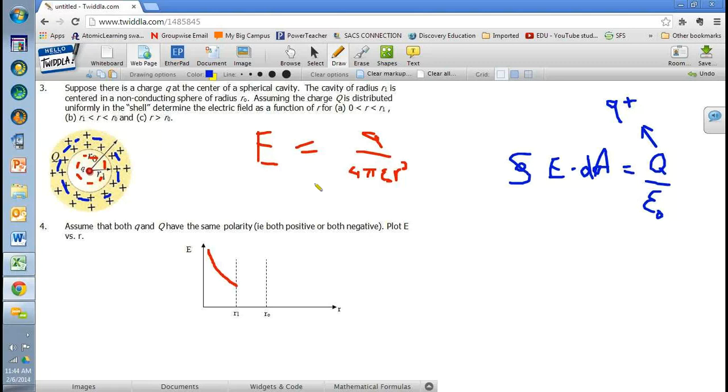Okay? So do the best you can. Let me tell you one thing, though. It's not going to be 4/3 pi r cubed totally, because there's a hole in the middle. You're going to have to subtract out that hole. So you're going to have a q here times some ratio of the volumes. Volume of the partial to the volume of the whole.